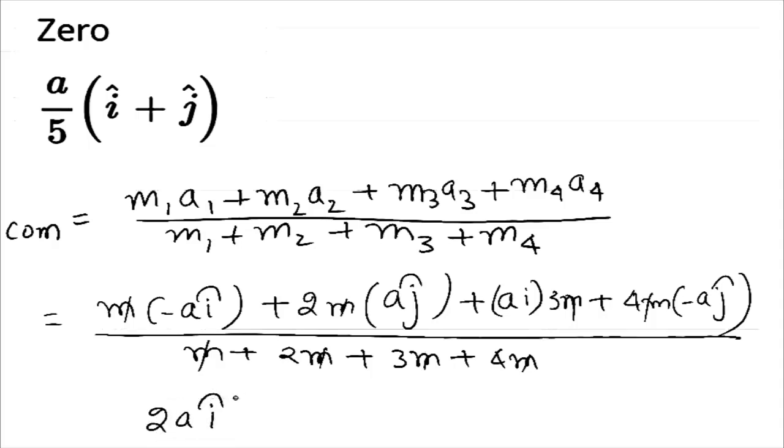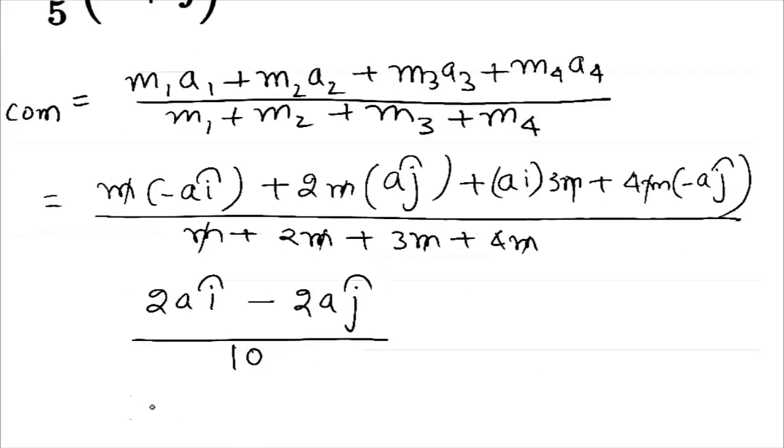Now let's talk about the j cap component. This is 2a j cap and this is minus 4a j cap, so it will be minus 2a j cap. In division, you can see 1 plus 2 is 3, 3 plus 3 is 6, plus 4 is 10, right?